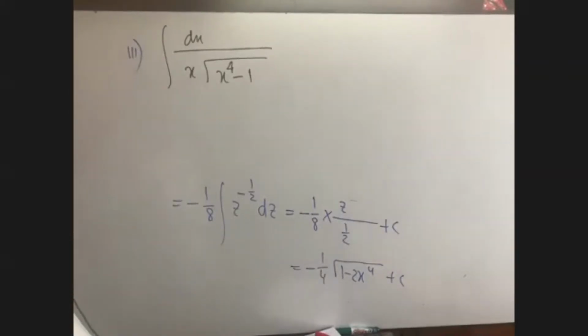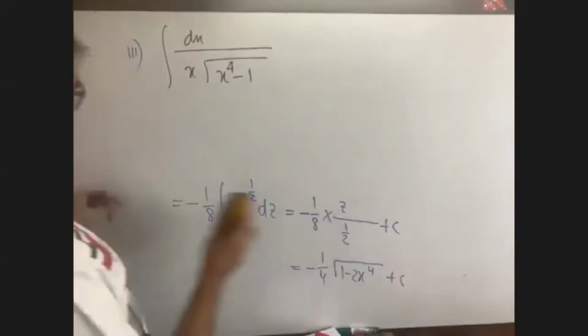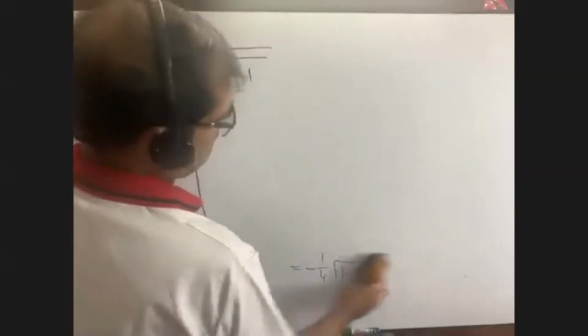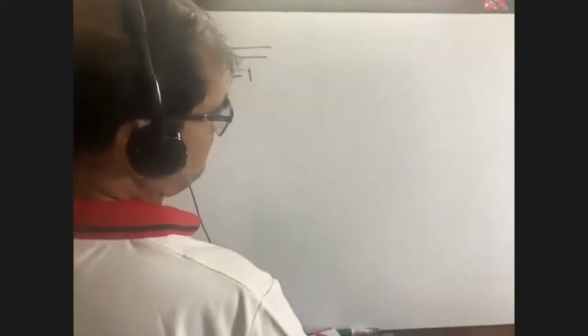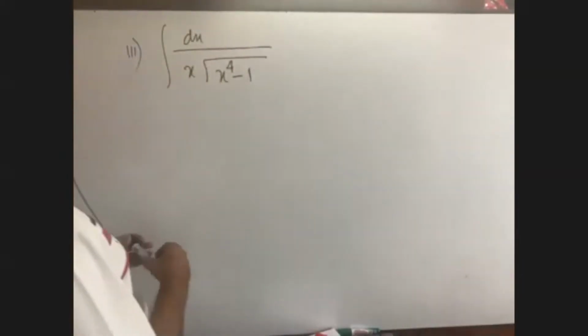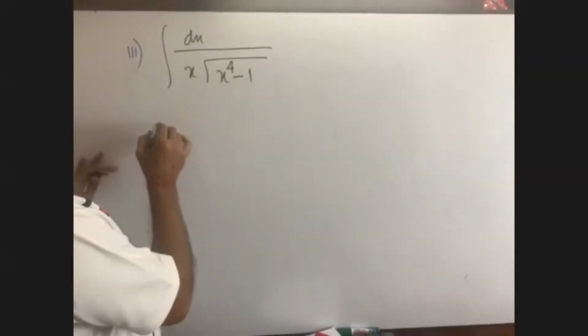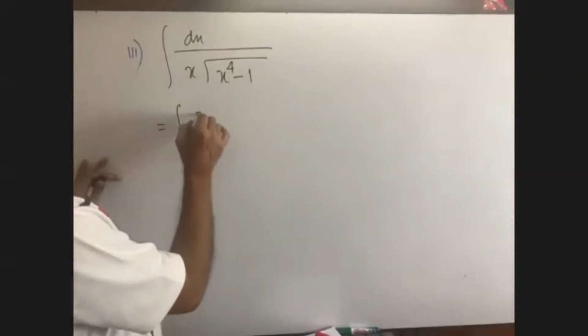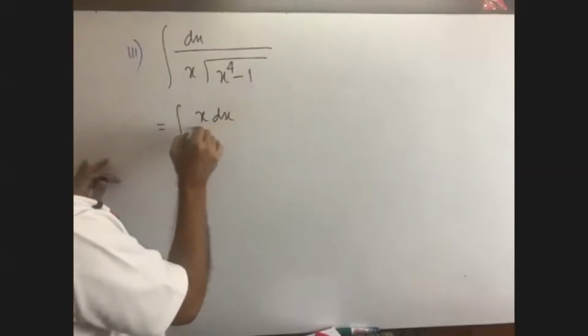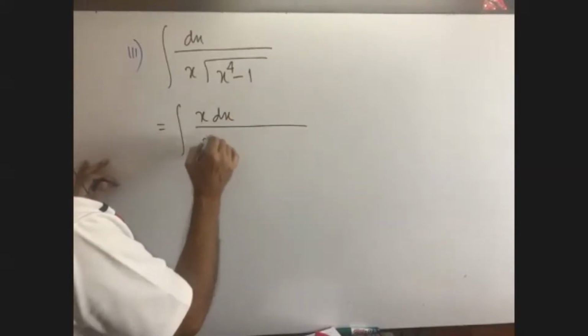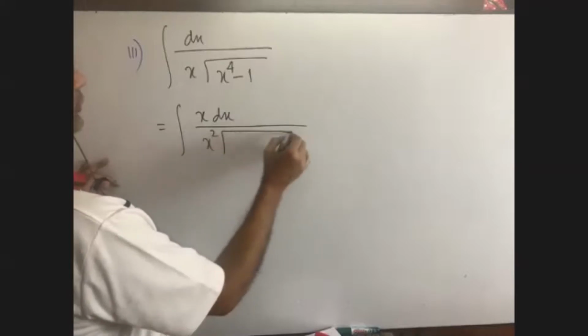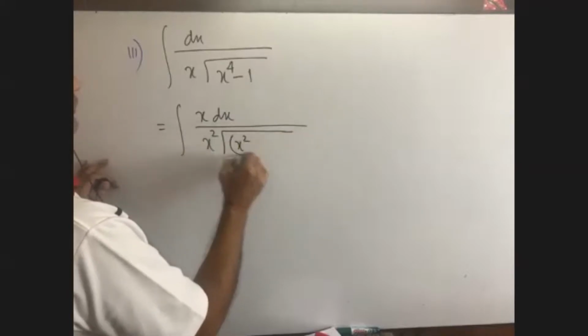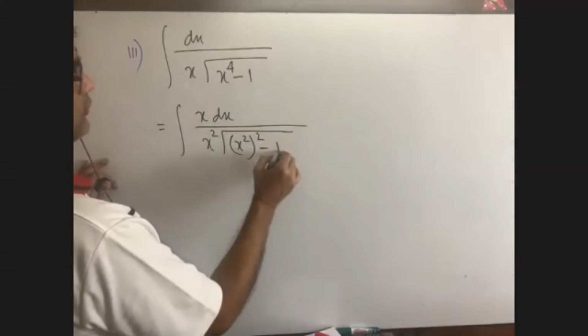Hello, everybody. You cannot do this math. This math is a special type of math. Here we have to write it this way: x dx by x root over (x square) whole square minus 1.